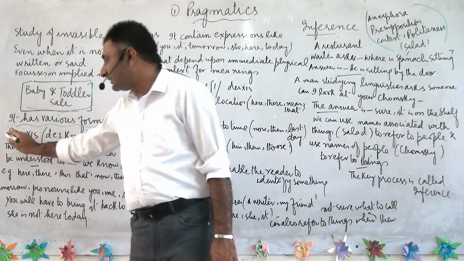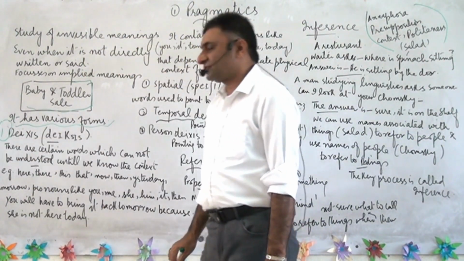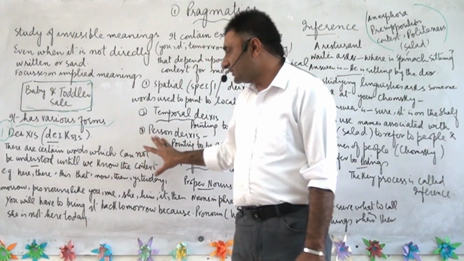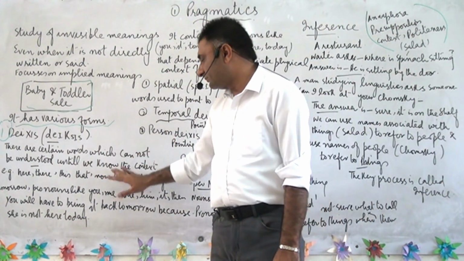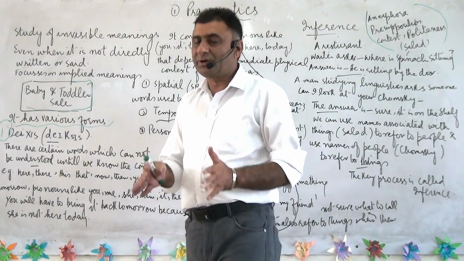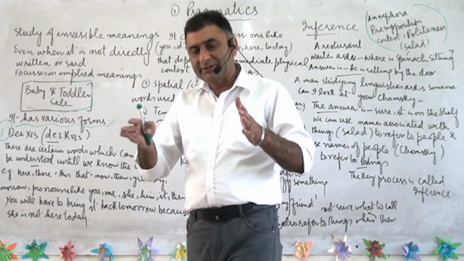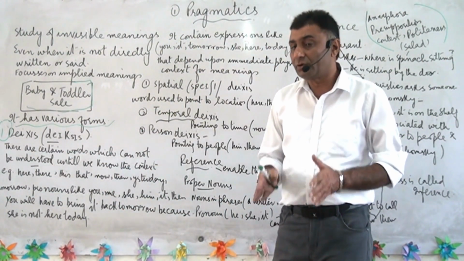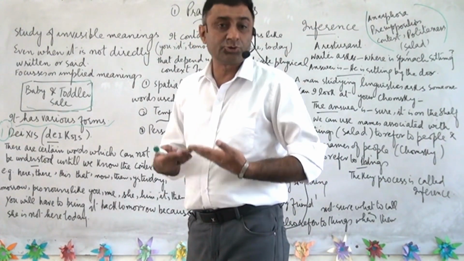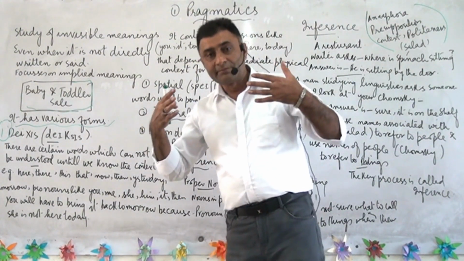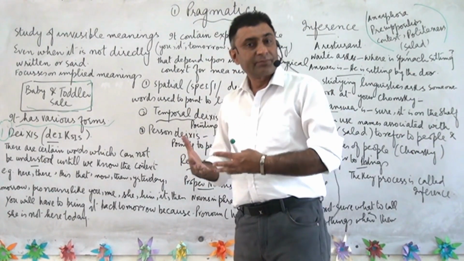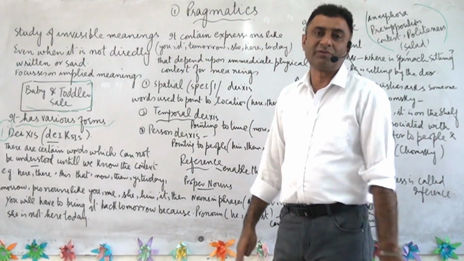The very first is called deixis. It's pronounced as deixis. So what is deixis? There are certain words which cannot be understood until we know the context of those words, because whatever the language, whoever the speaker, there are certain words in our languages that we are unable to understand when used by different speakers until we know the real context in which those words are used.